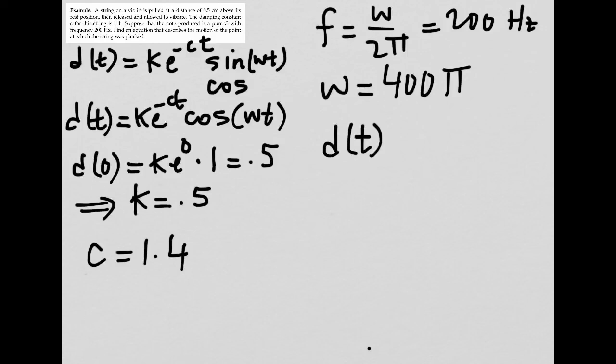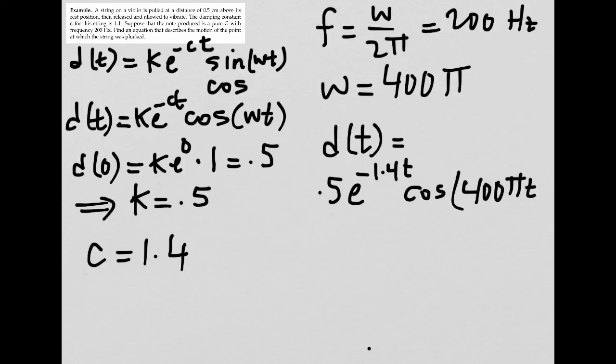D of t equals K, which is 0.5, e to the minus 1.4 t cosine 400 pi t. That is the equation for damped harmonic motion that we are looking for.